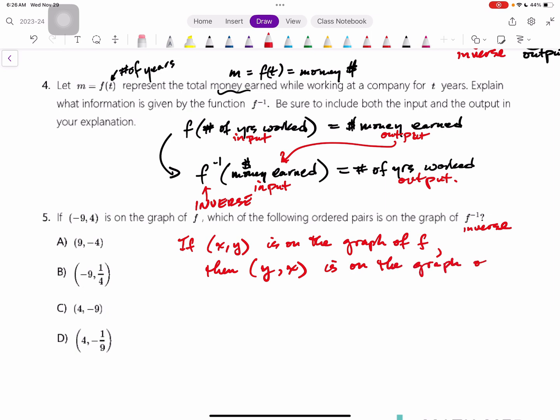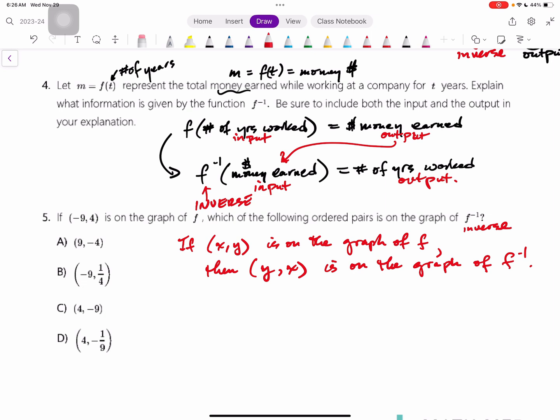You should have graphed these things in previous courses. Hopefully this is ringing a bell from Algebra 2, because when I teach Algebra 2, I actually plot points and we reflect them across y equals x, and we get the inverse, because inverse functions are reflections across the line y equals x.